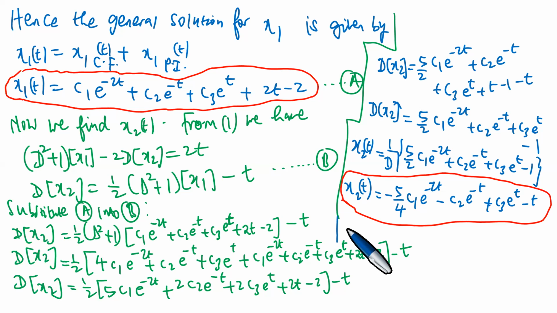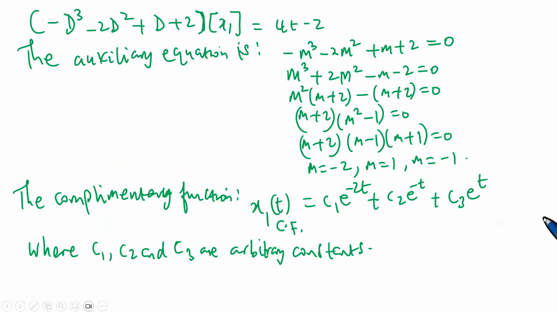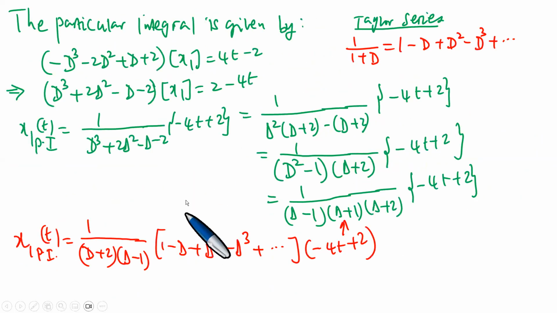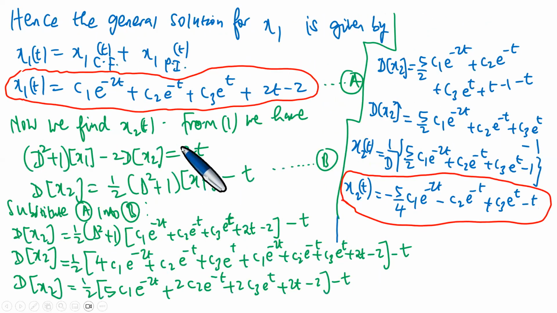And therefore we are done, because these are the answers as required. Because the question was solve the system by using the elimination method, the operator method. And we first solved for x1 and then next we solved for x2. And we found the auxiliary equation, the complementary function, and we found a particular integral, etc. Okay, we're going to learn more about this.